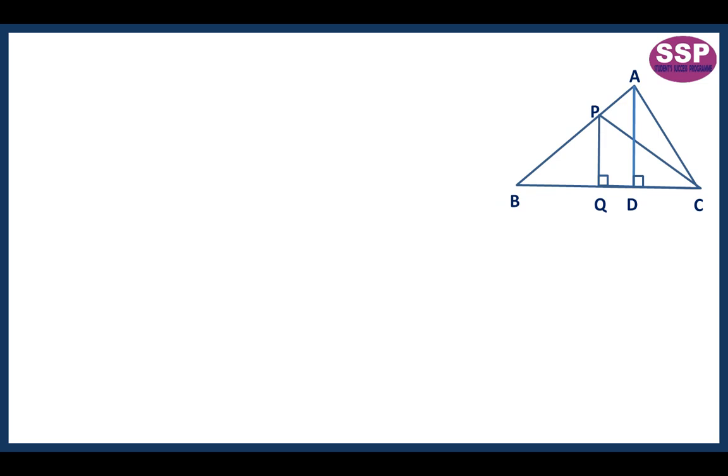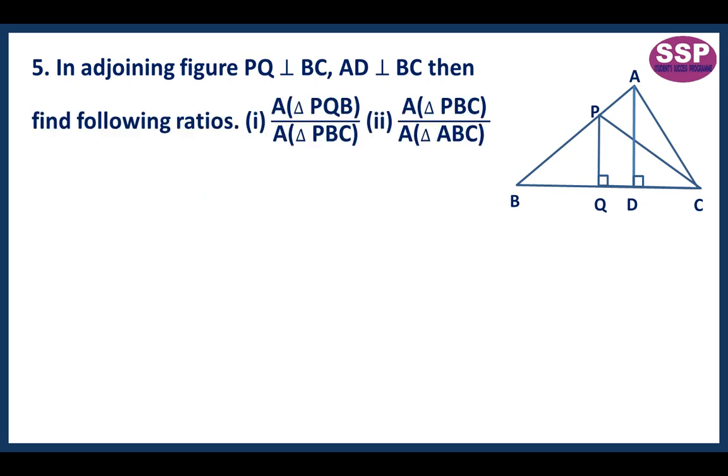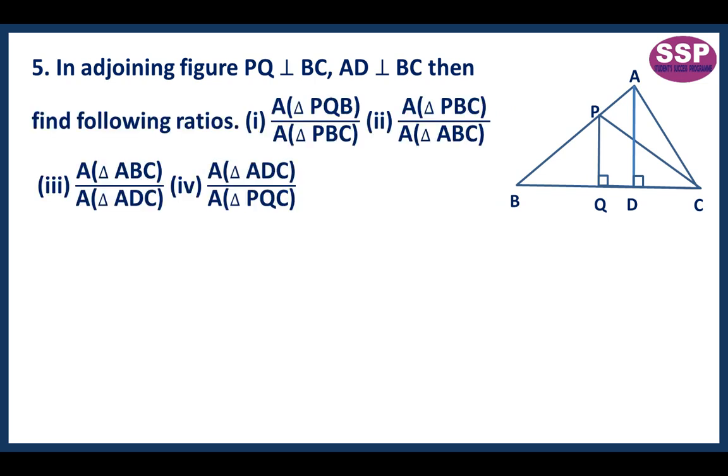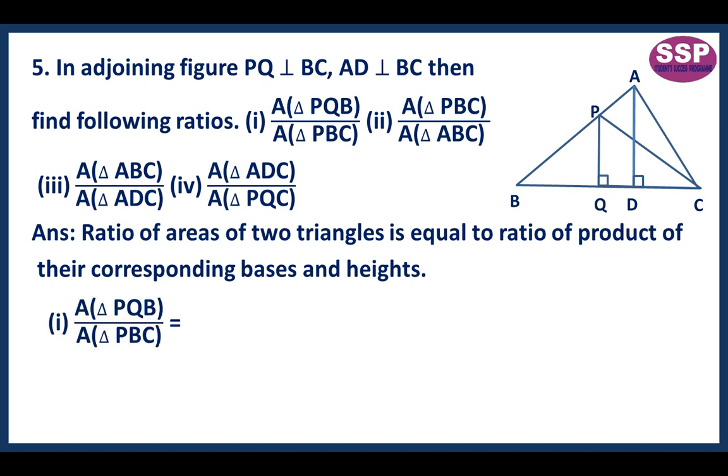Now fifth problem. In adjoining figure, PQ is perpendicular BC, AD perpendicular to BC, then find the following ratios. Answer. Ratio of areas of two triangles is equal to ratio of product of their corresponding bases and heights. Okay, now the first ratio we will take area of triangle PQB upon area of triangle PBC is equal to ratio of product of their corresponding bases and heights.